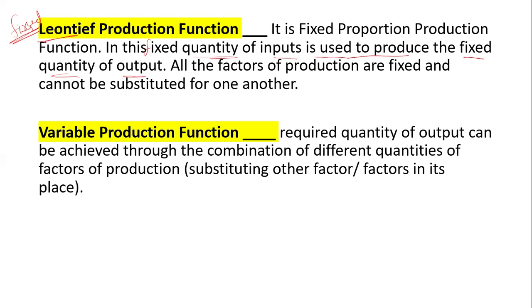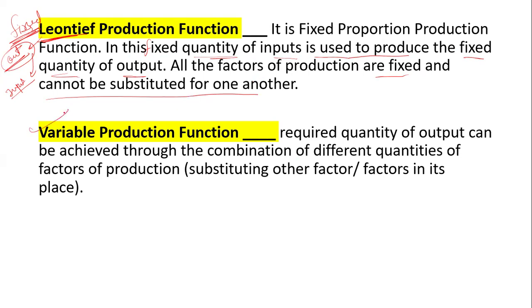So Leontief is talking about a fixed production function. If the output is a fixed quantity, then the input is also a fixed quantity. All the factors of production are fixed and cannot be substituted for each other.